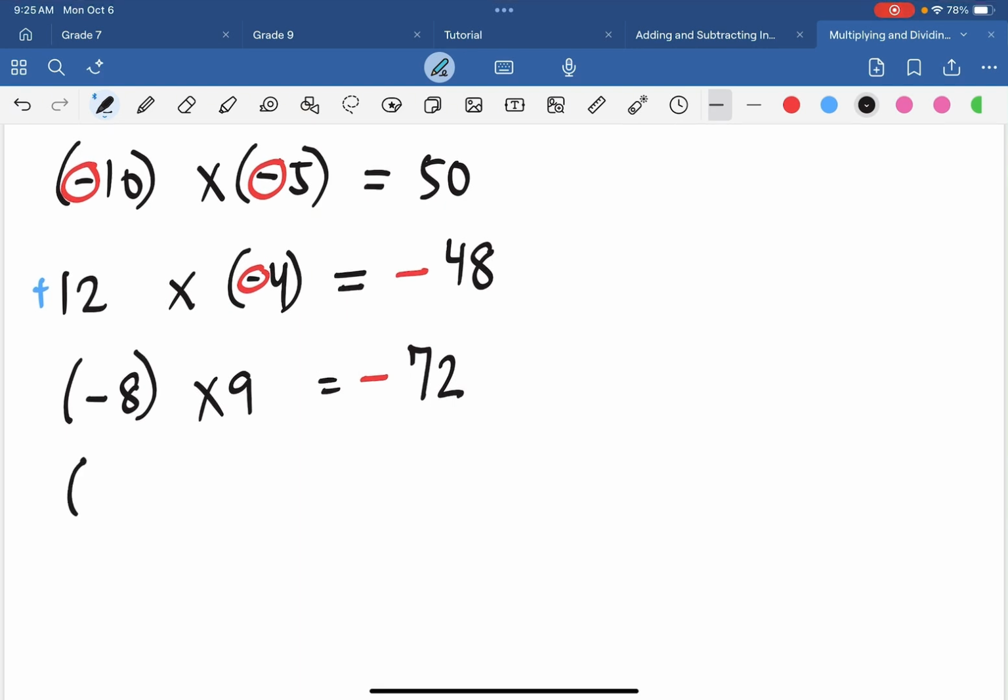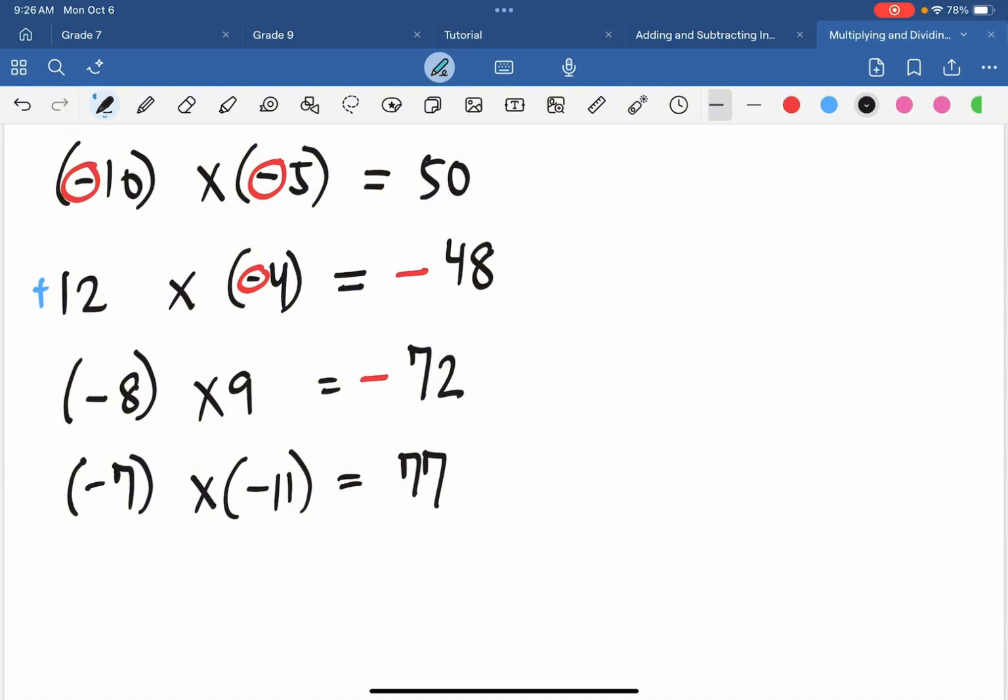Fourth one, we have negative 7 times negative 11. So both are negative numbers, same with the first example. So this one would be positive, and 7 times 11 is 77.